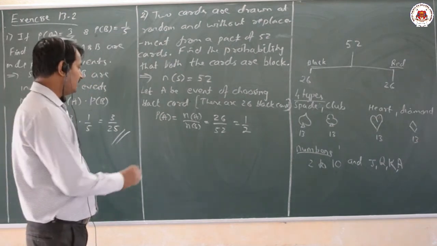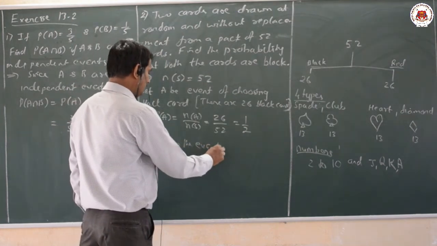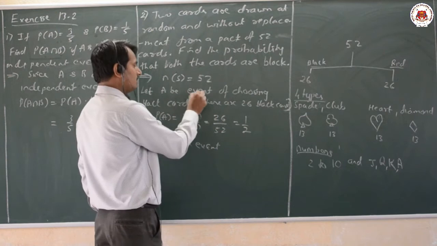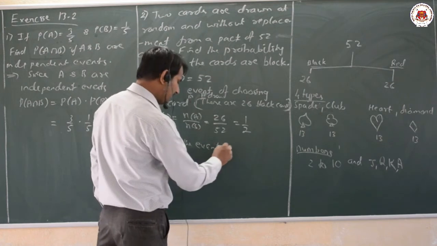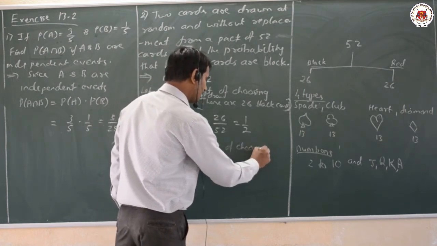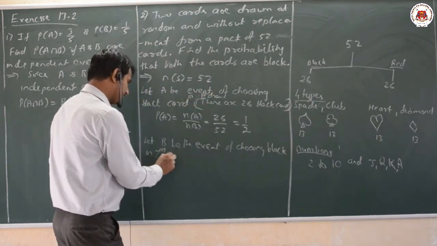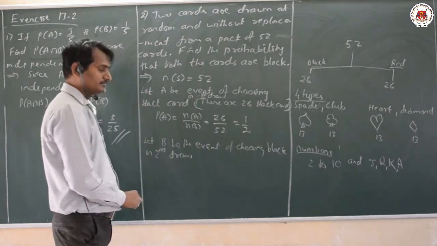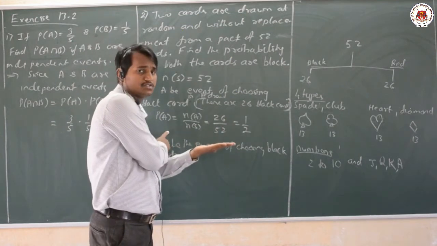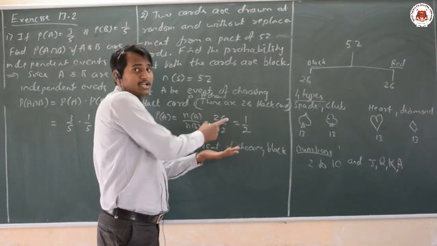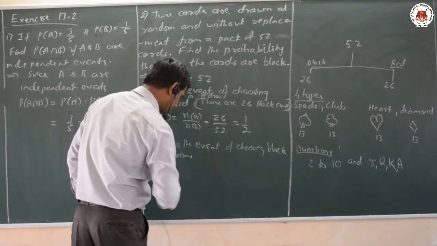Now let us move on to the second thing. Let A be the event of choosing a black card in the first draw. Dear students, it is the first draw. Let B be the event of choosing a black card in the second draw. Now, in this 52 already one card has gone, and in the 26 black cards already one has gone. So we have to choose from the remaining.